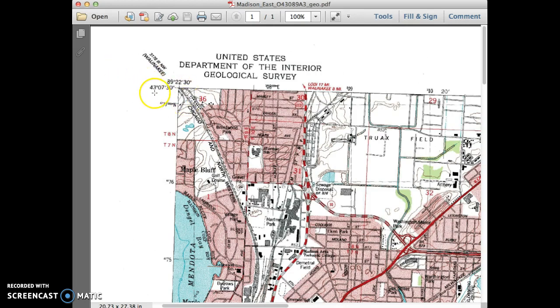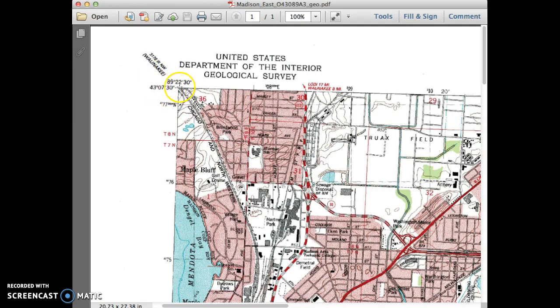All right, the next thing to look at, we'll just now stay in this corner, is that you can see there are some numbers here, and these numbers tell you which line of latitude and longitude correspond to the top edges and sides of the map. So at this location, we can see this number right here, 43 degrees, 7 minutes, and 30 seconds.